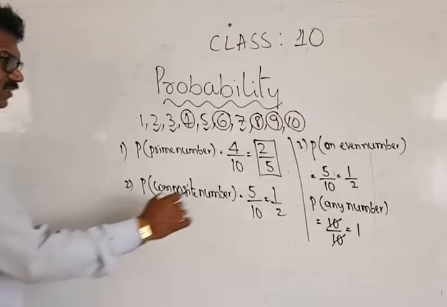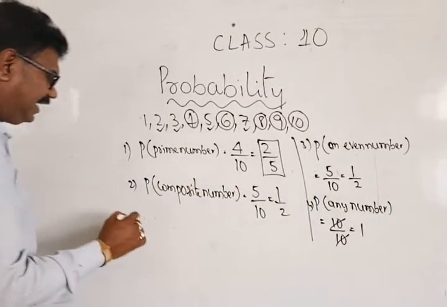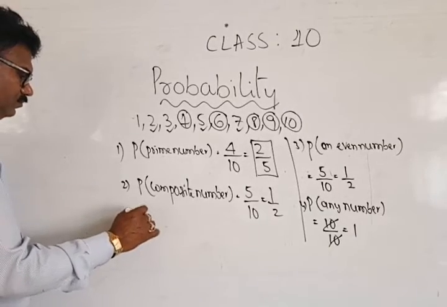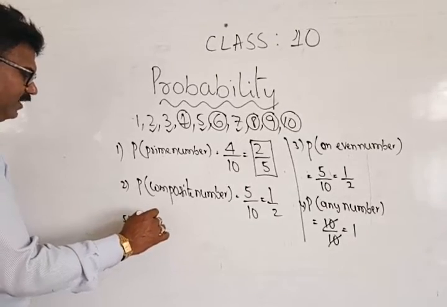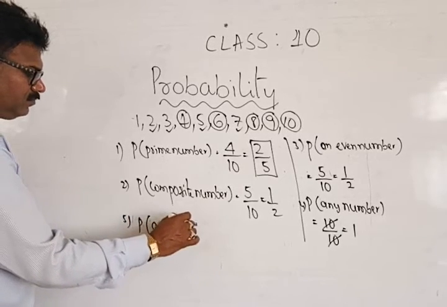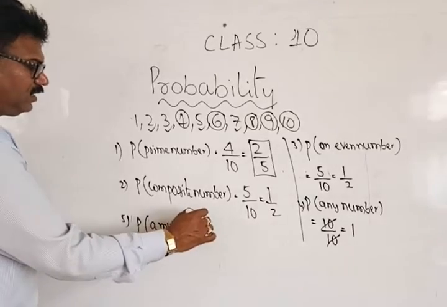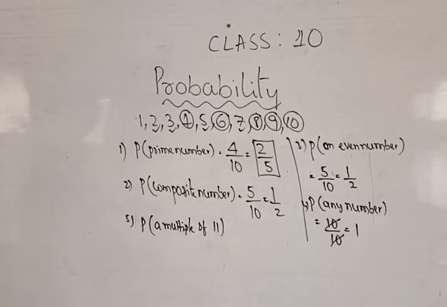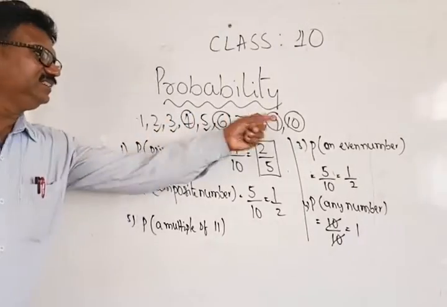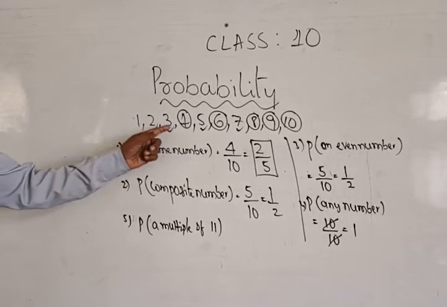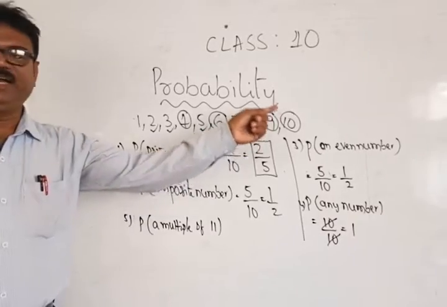Now, this is the fourth one and fifth one. Probability of a multiple of 11. You tell me, is there any number which is a multiple of 11 in this? 1, 2, 3, 4, 5, 6, 7, 8, 9, 10.